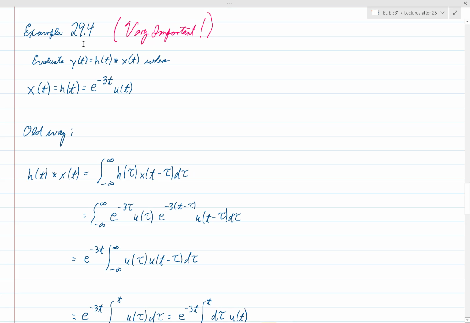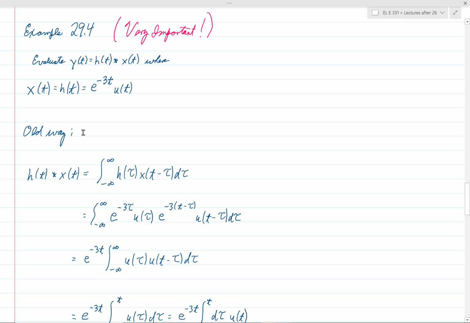Okay. So in 29.4, we want to evaluate a convolution. We have y of t is equal to h of t convolved with x of t, where h and x are both the same function, e to the minus 3t u of t.